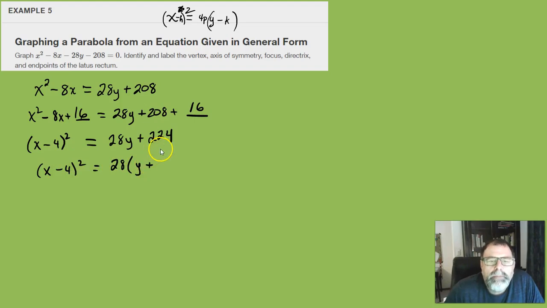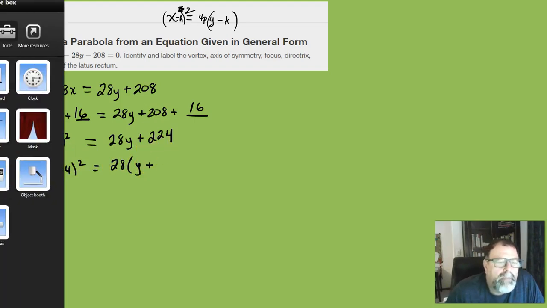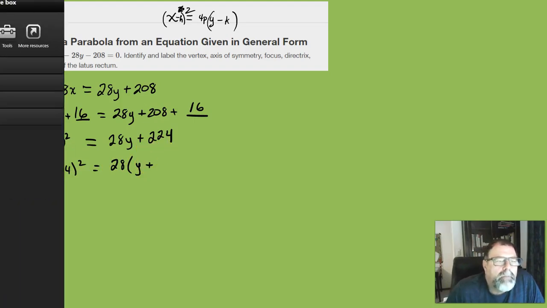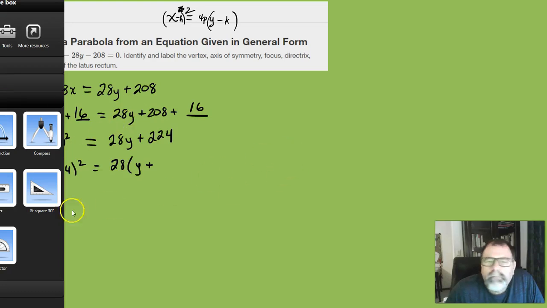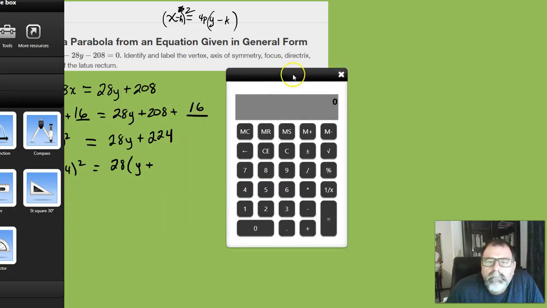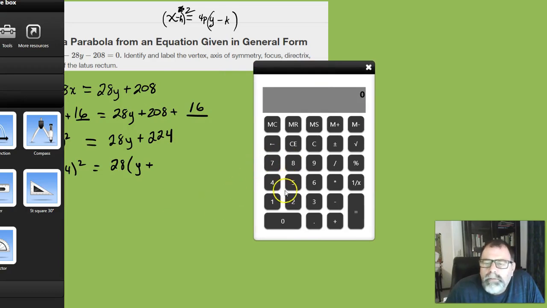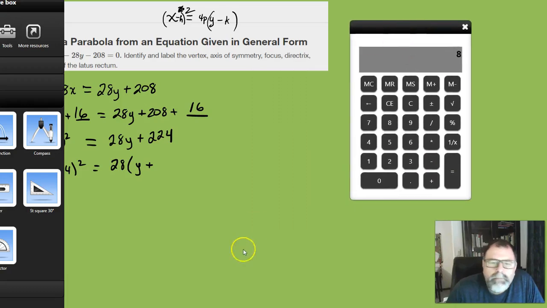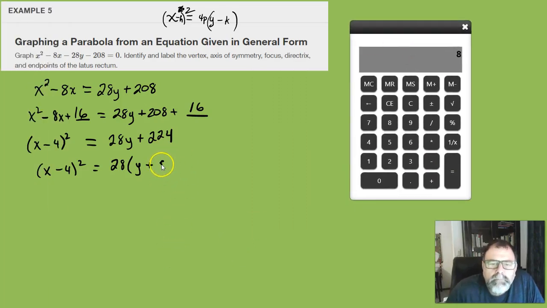Y plus, now let's figure out what 28 into 224 is. 224 divided by 28 equals 8. All right, so now it's in standard form. So let's see, our vertex, remember h, k.